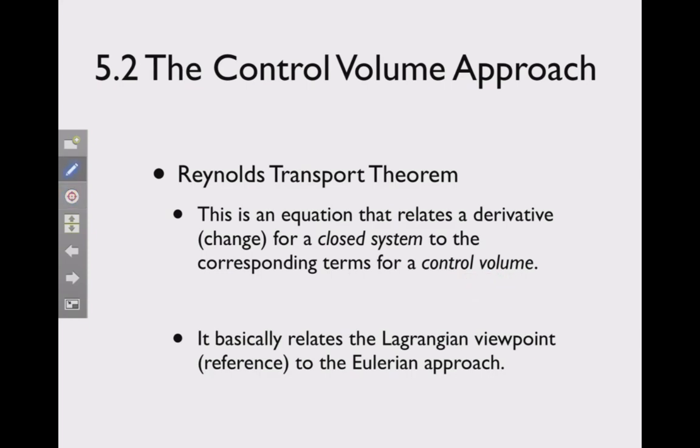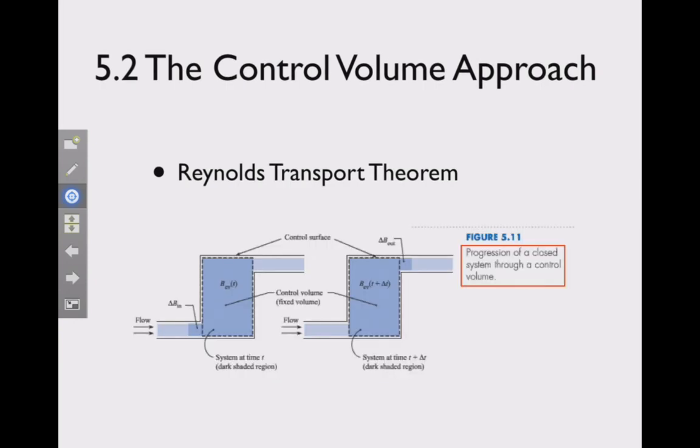So what that means is we're going to basically be equating the Lagrangian and the Eulerian points of view. Remember, they're equivalent. They're just different expressions of the same phenomenon in a different way of looking at it. It basically relates the Lagrangian point of view to the Eulerian reference or Eulerian approach.